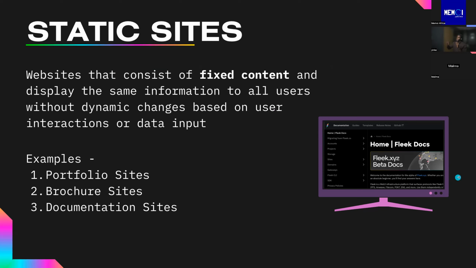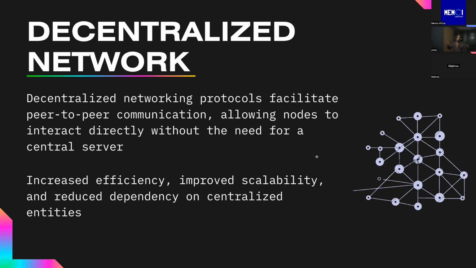Dynamic websites are the exact opposite. There are a lot of interactions happening. Just by moving your mouse, something is happening. Decentralized networking protocols facilitate peer-to-peer communication, allowing nodes to interact directly without the need for a central server.